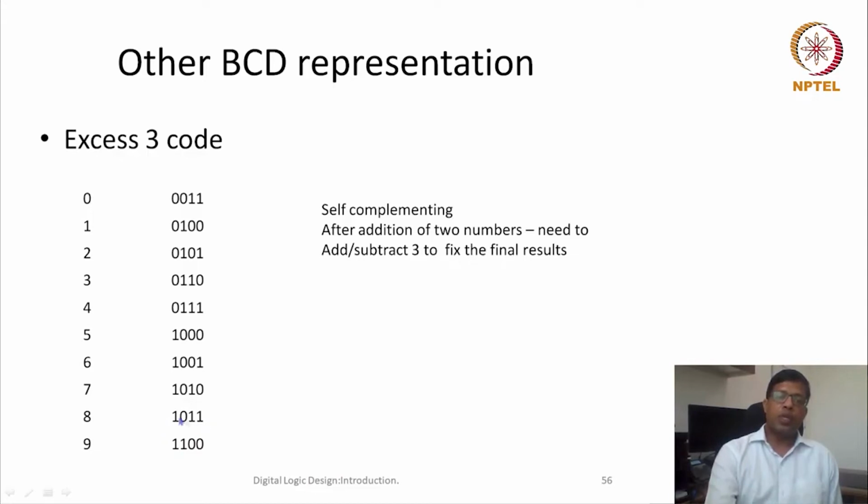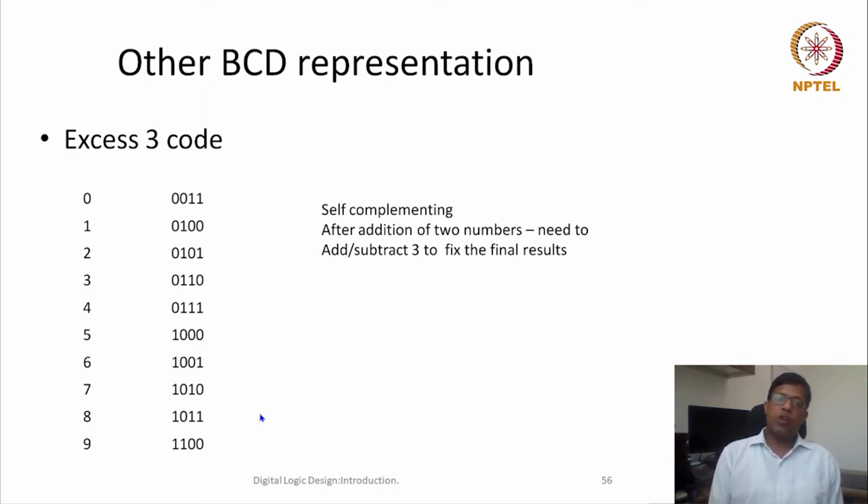So the beauty here is 8 plus 1 is going to be 9. Similarly, we can do this experiment with any of these codes. We will find that when we invert all the 4 bits, the output is 9 minus that particular number.